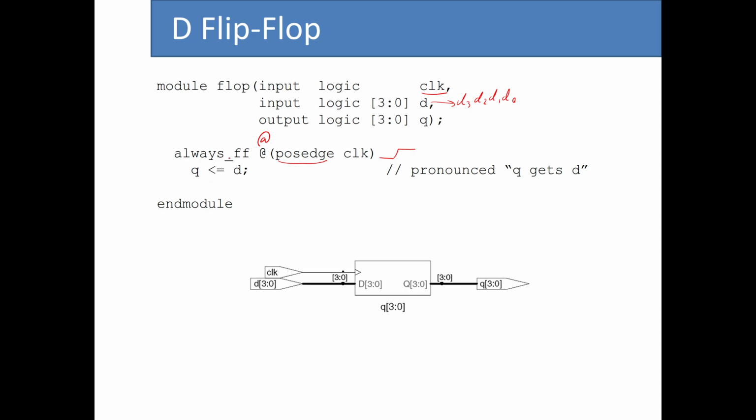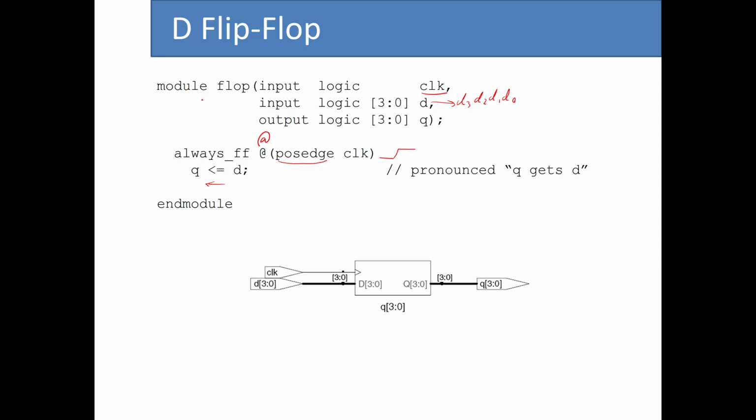As for the statement that we want to execute, we get Q less than or equal to D. But this is not actually less than or equal. It resembles an arrow, and basically means that Q gets the value of D. I will talk about this type of statement later on as well.